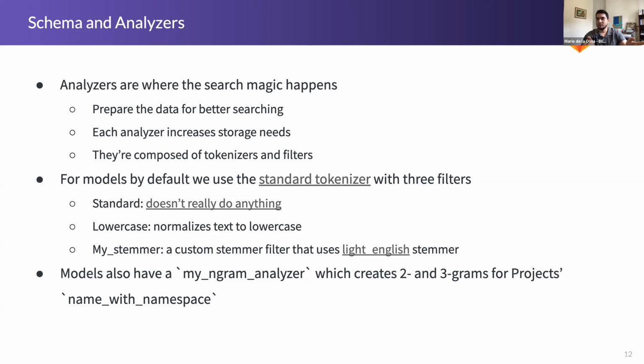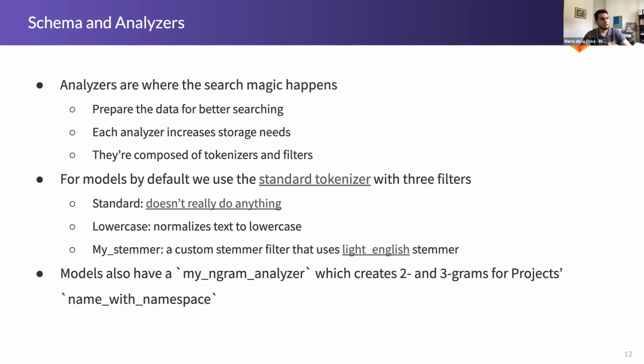That's so that we can match when somebody searches for partial words, because Elasticsearch will not match a partial term unless you already have tokens that have that partial term inside of them.